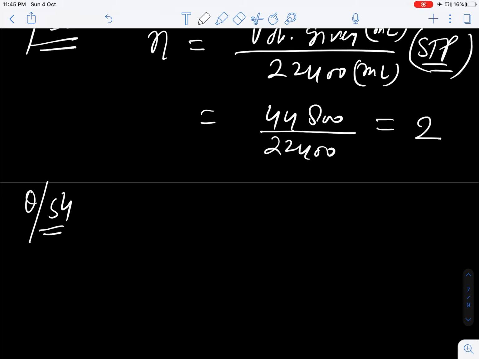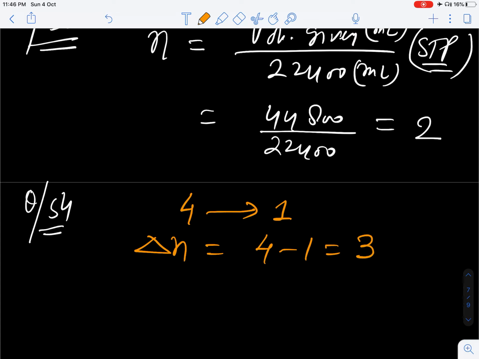Question number 54. When the electron of a hydrogen atom jumps from n is equal to 4 to n is equal to 1, the number of spectral lines emitted is, okay, so we'll write the transition. Transition given is 4 to 1. What will be the value of delta n? 4 minus 1, that is 3.